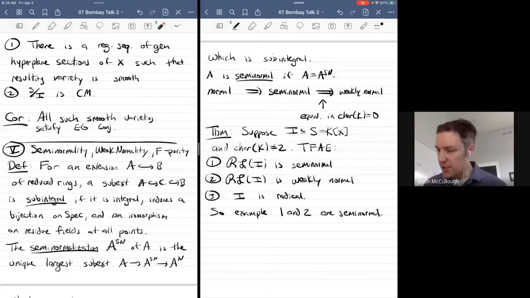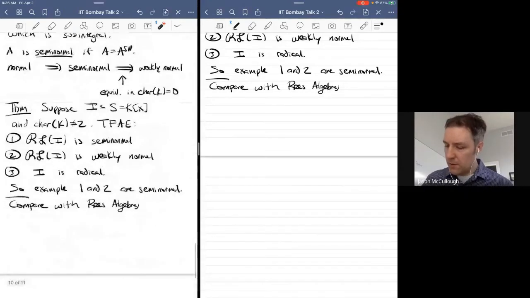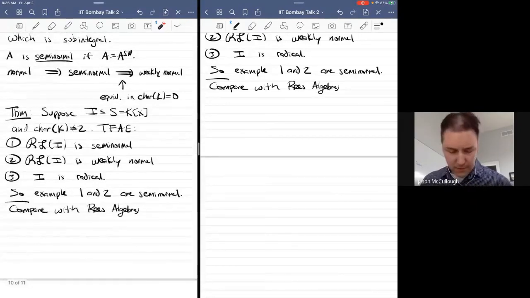Let me also mention that you could try to ask, well, does this same sort of behavior work for Rees algebras? And the answer is no. So compare this result with Rees algebras. So I'm going to write down a monomial curve.